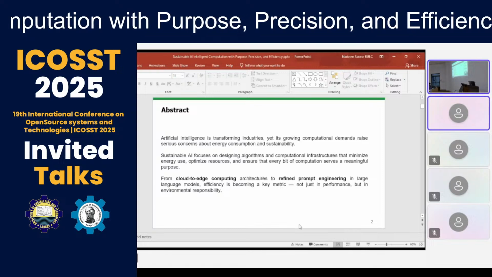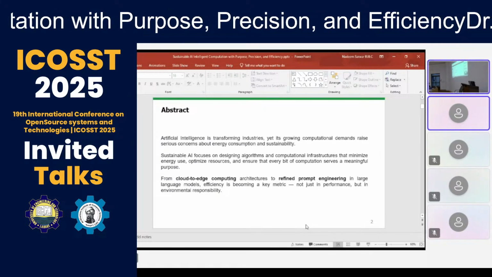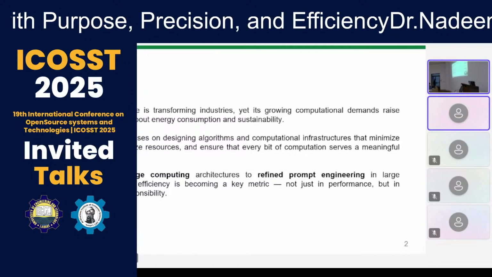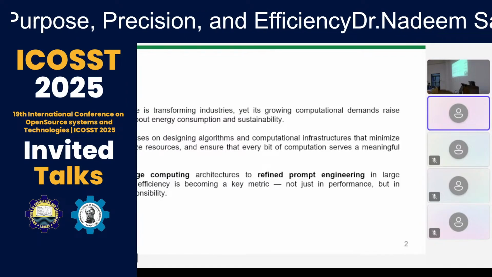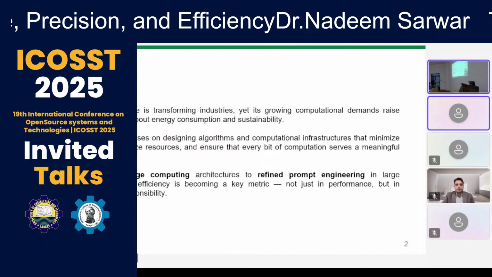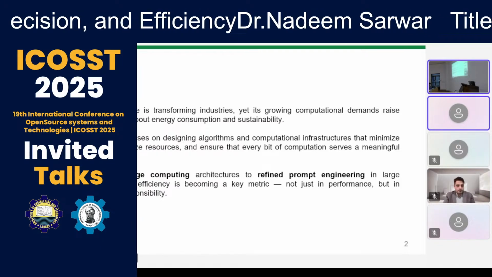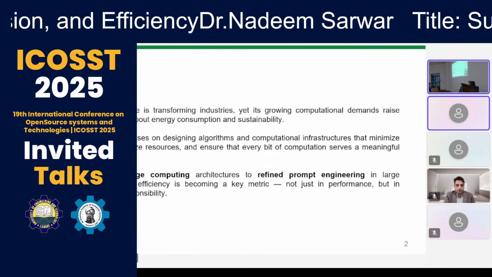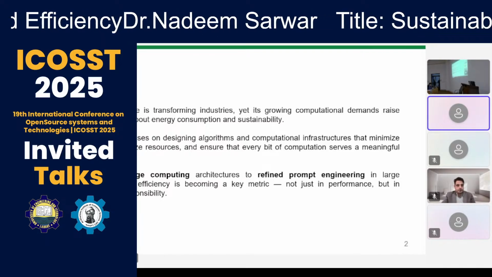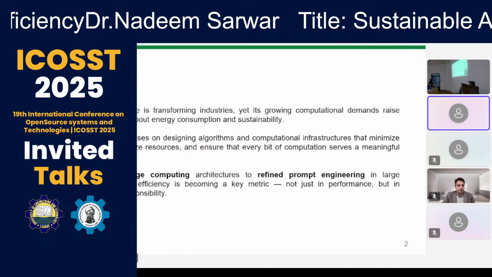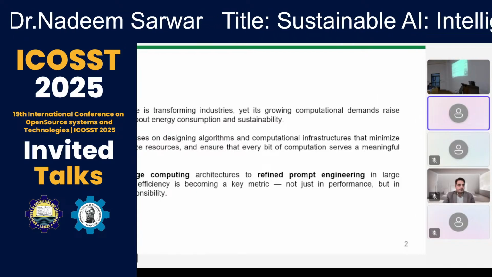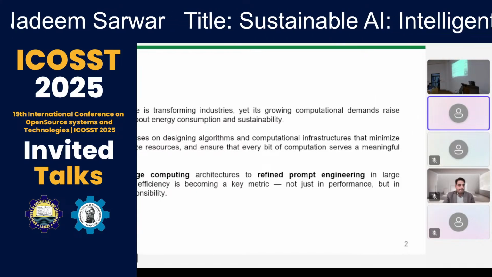The abstract of my talk is that AI is transforming industries, yet its growing computational demands raise serious concerns about energy consumption and sustainability. Sustainable AI focuses on designing algorithms and computational infrastructure that minimize energy use, optimize resources, and ensure that every bit of computation serves a meaningful purpose.